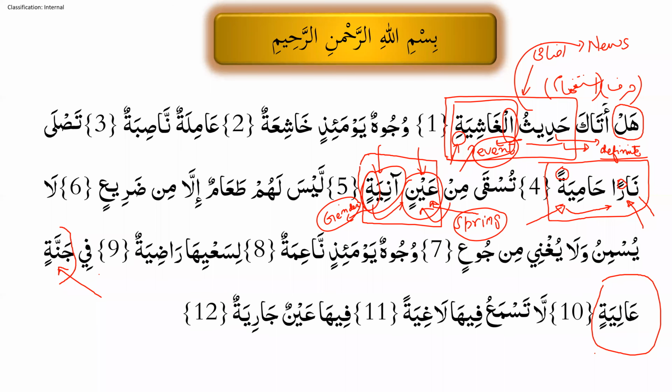Because it's preceded by the harf jar. Okay, so tell me why is aliyatin majroor? Because the mawsuf is majroor and the sifa follows the mawsuf always in every aspect. Very good, excellent. So it followed its mawsuf. So elevated garden.